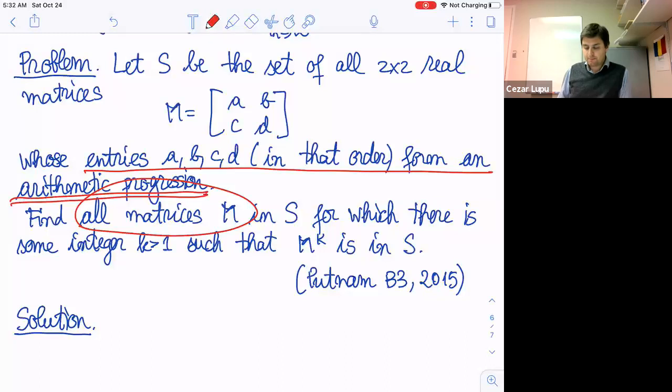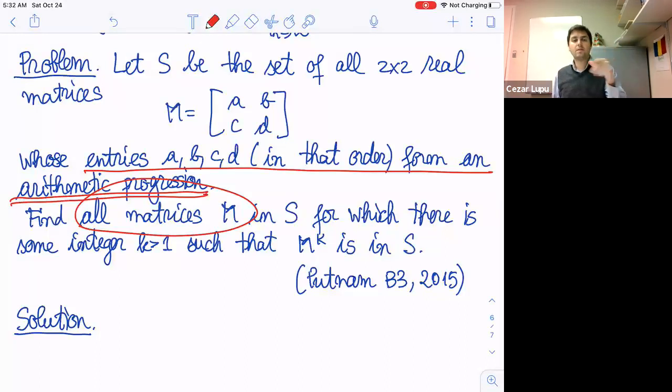Let's see. So we know that we can write all entries of the matrix M in terms of the first one, right?